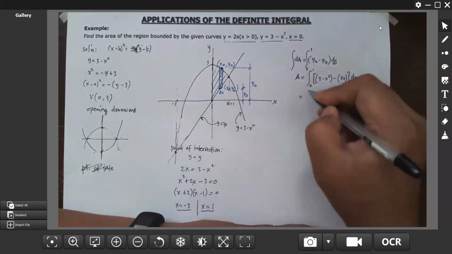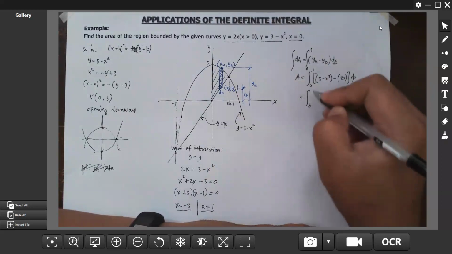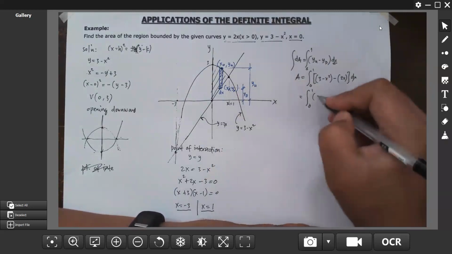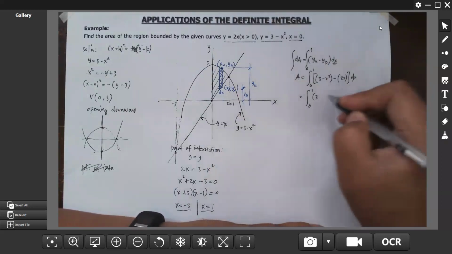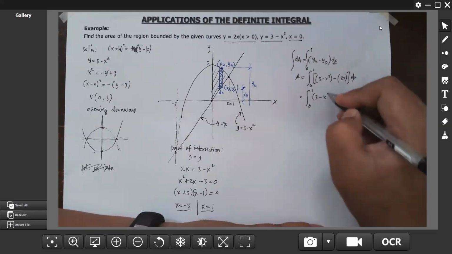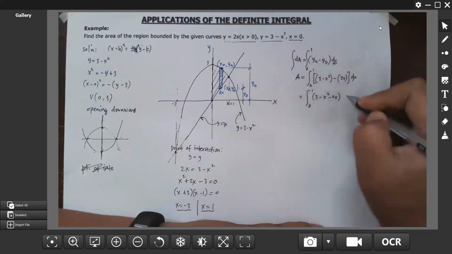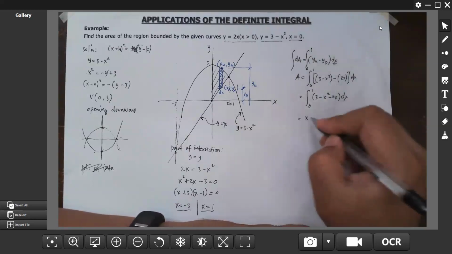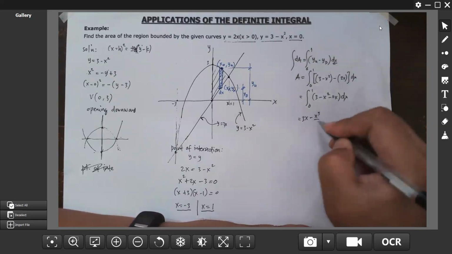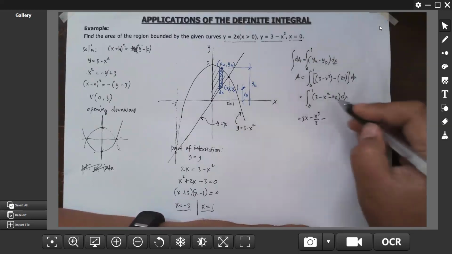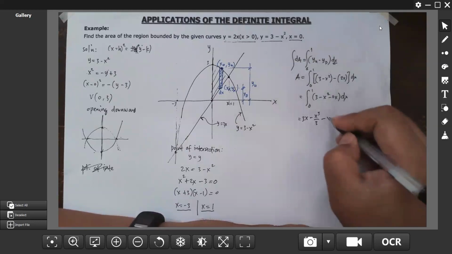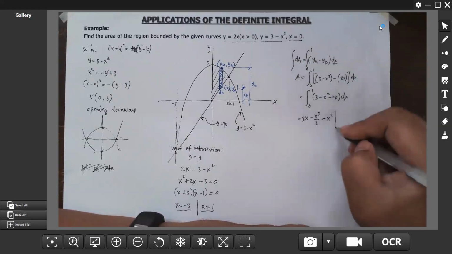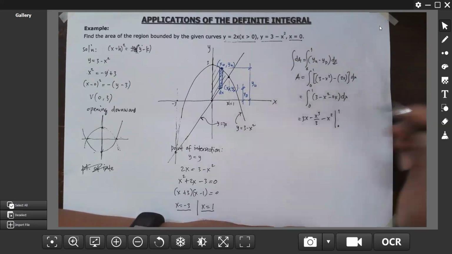Simplifying, we have 3 minus x squared minus 2x dx. Then we integrate: 3x minus x cubed over 3, minus 2x squared over 2, which is simply x squared, from 0 to 1.